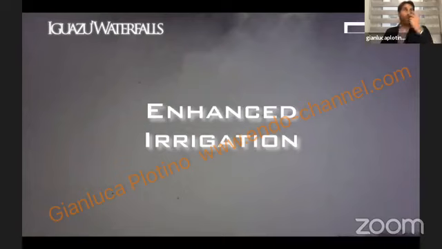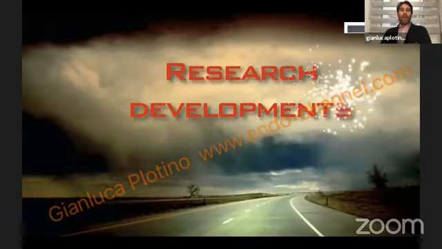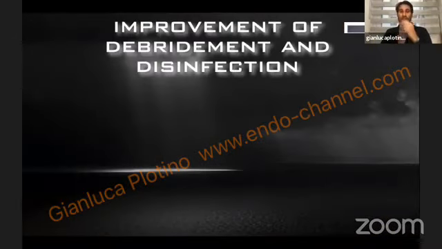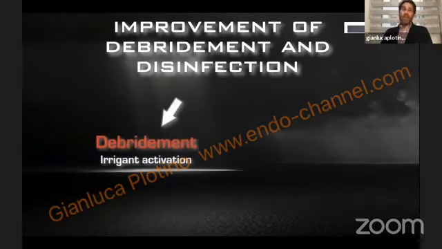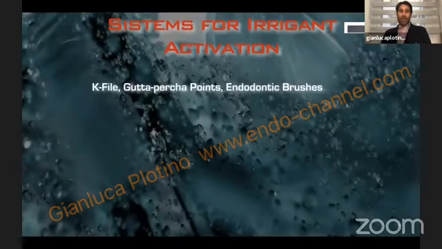So after root canal preparation, and this concept in the book, we have treated also the importance of enhanced irrigation and the importance of improvement in debridement and disinfection in such minimally invasive preparation, with a reduced taper of preparation, with a conservative preparation. So we need an irrigant activation, and we need adjunctive systems to improve the chemical disinfection.